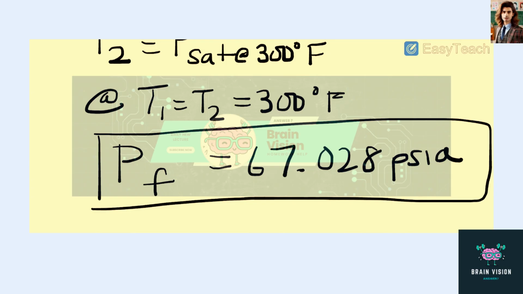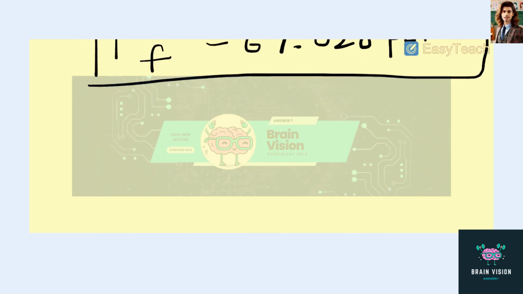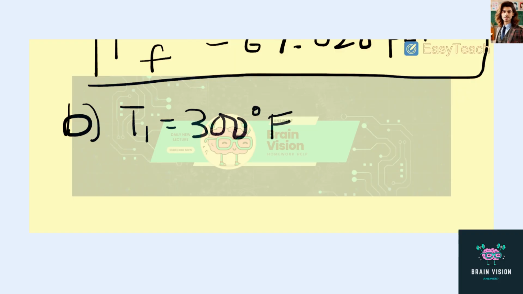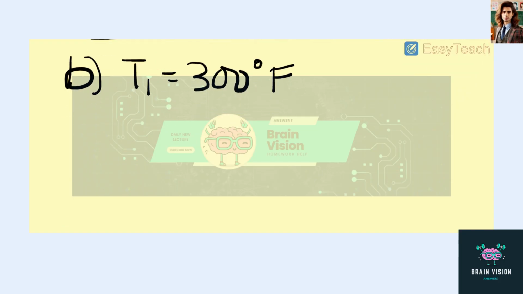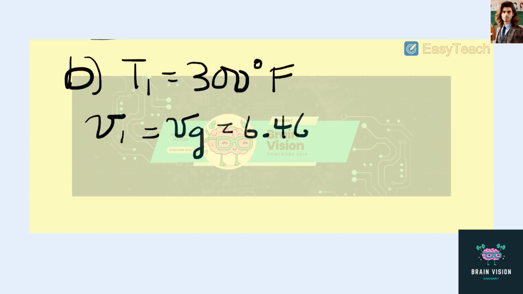Next, remember, we're asked to solve for the amount of steam that has entered the tank. So at T1 equal to 300 degrees Fahrenheit, remember, we have just saturated steam. So from that same table, A-4E, at T1 equals 300 Fahrenheit, we can find that the specific volume at 1 is going to be equal to specific volume vg, which is 6.4663 feet cubed per pound mass.